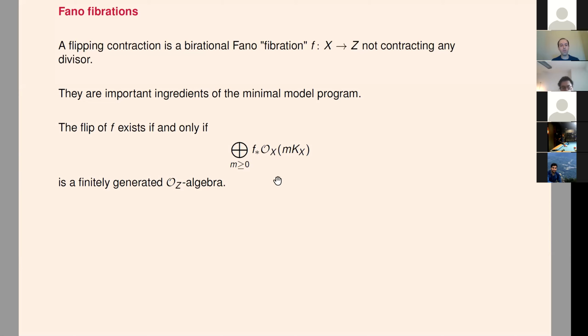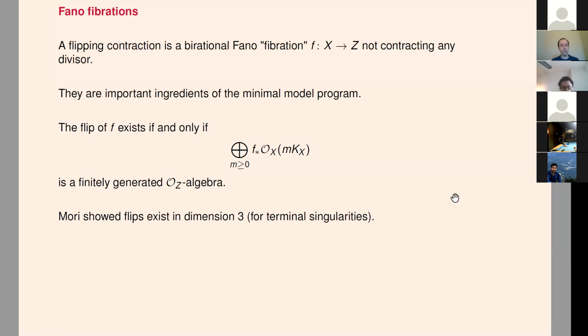And if this is locally finitely generated on Z, then this exactly means that the flip exists. We need this flip so that we can replace X with something else and continue the program.